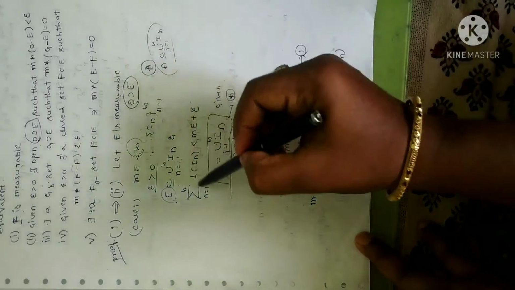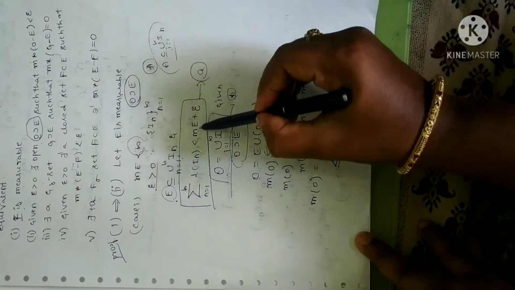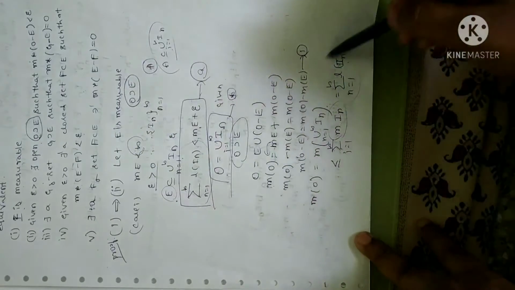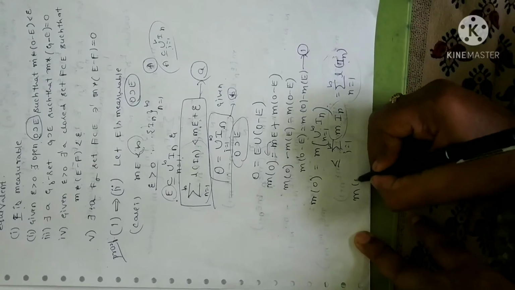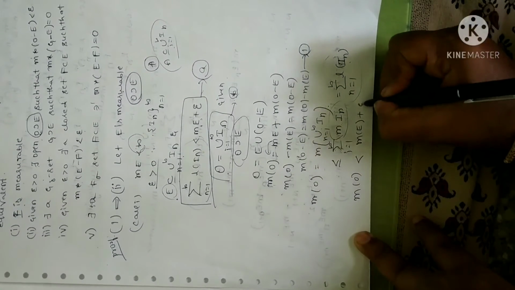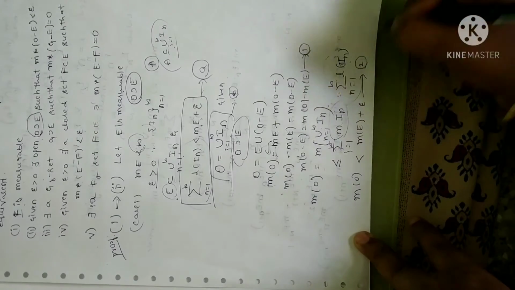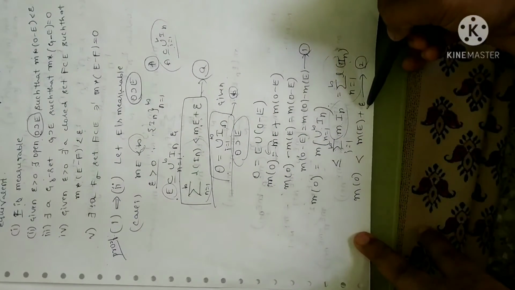Now look at the assumption we have made. Let me take this as equation A. From equation A, I can replace this length as less than m of E plus epsilon, right? So what I have obtained is measure of O is less than measure of E plus epsilon. Now let me take this as equation 2. Clear? Anyhow, epsilon is an arbitrary quantity.